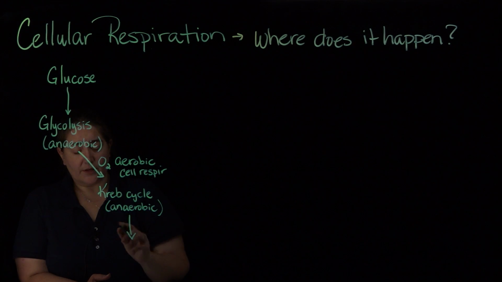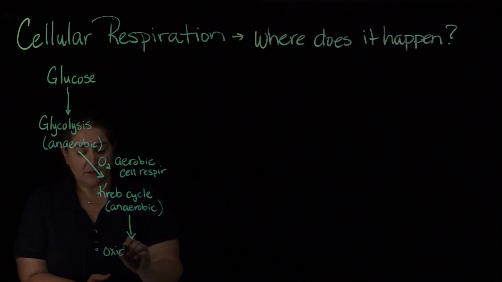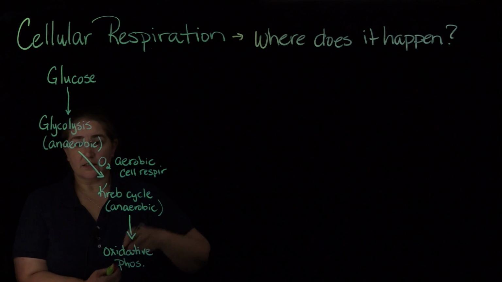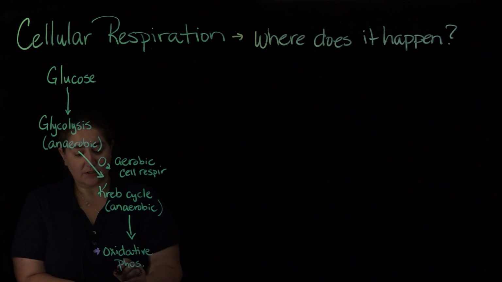That Krebs Cycle then is going to feed into oxidative phosphorylation. And it's oxidative phosphorylation where our oxygen is going to be used.